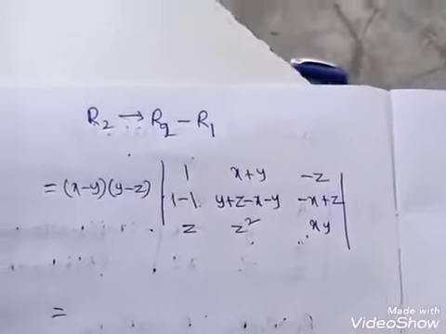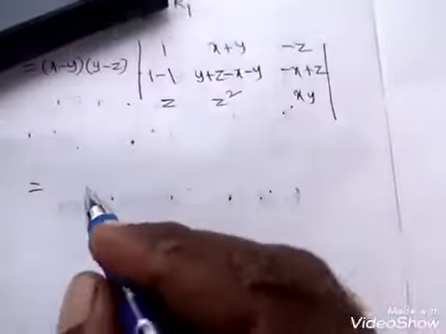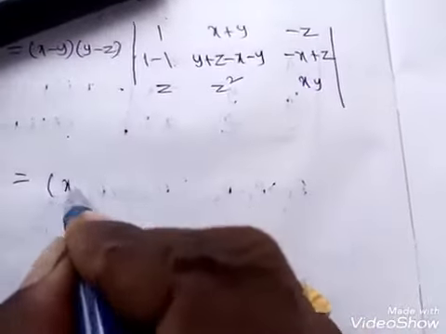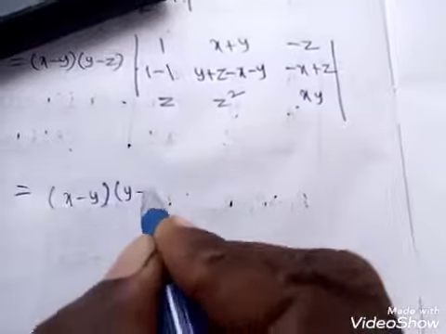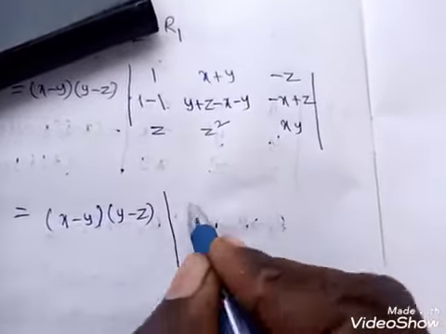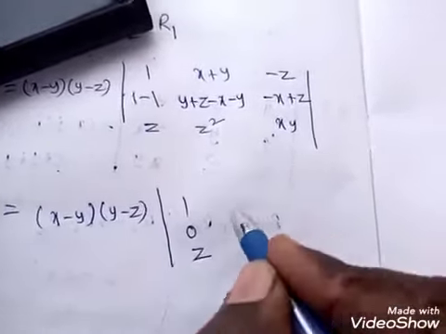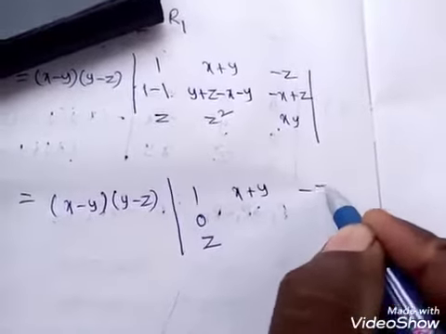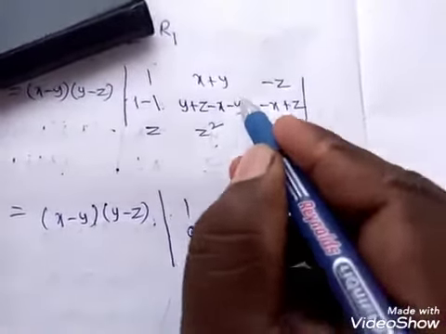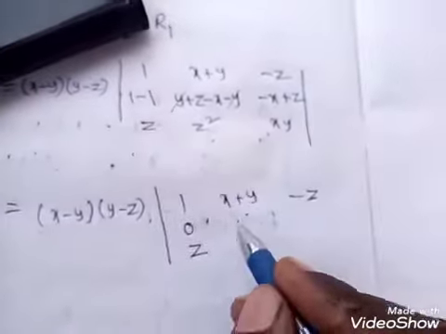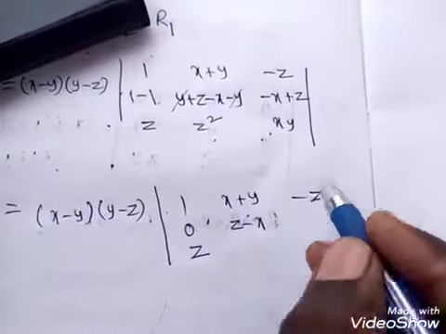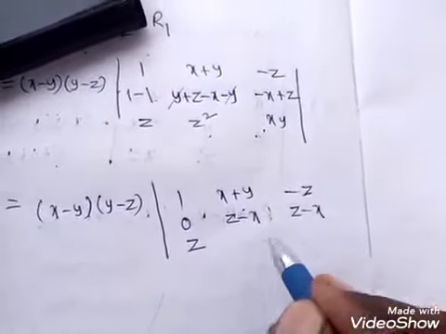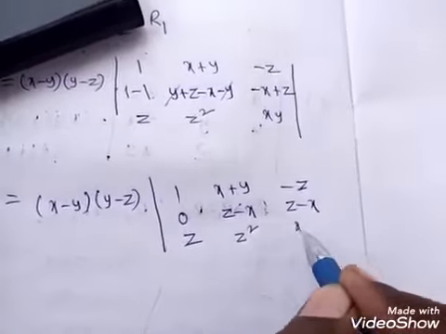Now observe: we are going to get x minus y, y minus z into 1, 0, z, x plus y minus z, and minus y plus y gets cancelled, z minus x, and here z minus x, z square and xy.